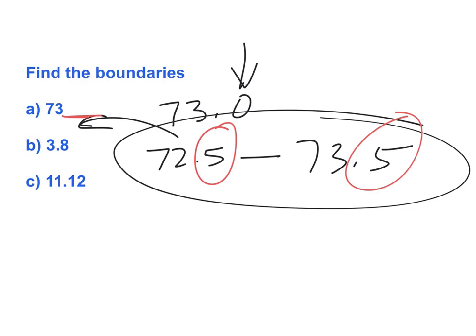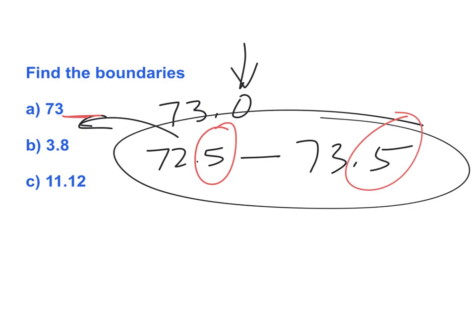So if you change 73 to 74, now we've changed the whole number. We're only going a half a tick one direction or the other. That's the key. Maybe that's a better way to explain it. You're going a half a tick one direction or the other from the number that you have. Now, from 3.8, what's half a tick down from that? 3.75.